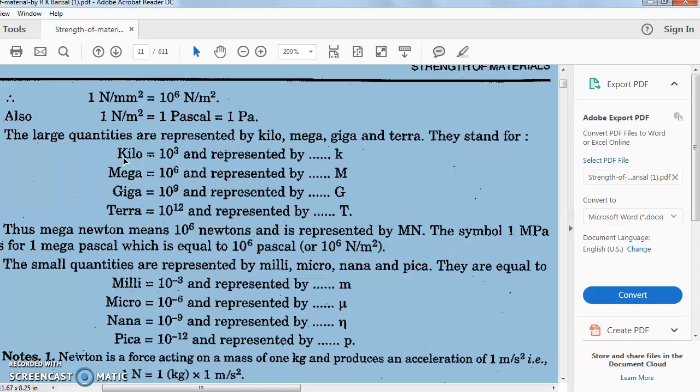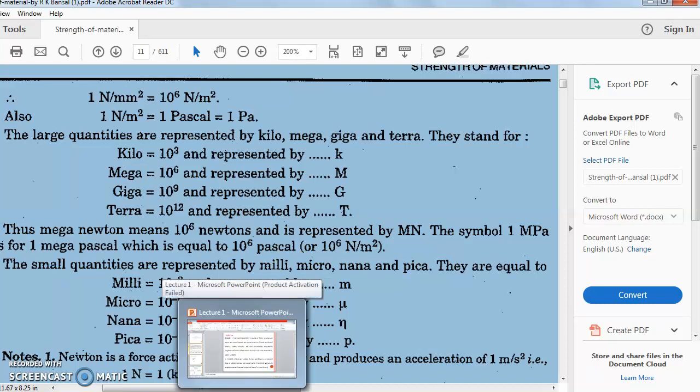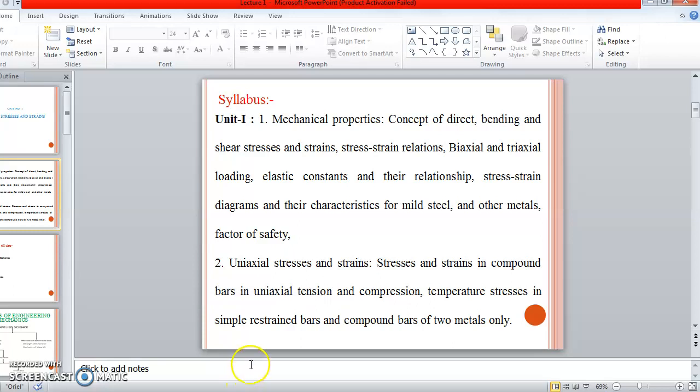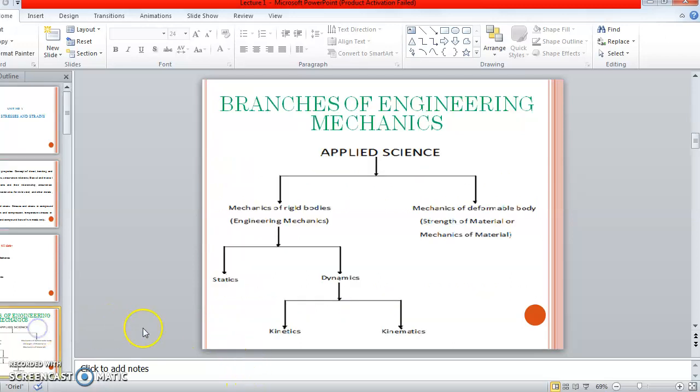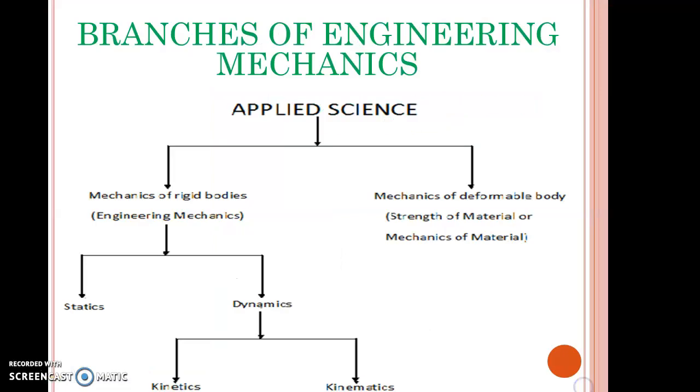Okay, so first of all, now we are dealing with the simple stresses and strains, and we have also seen the syllabus. See here, this concept is already told to you. The branches of engineering mechanics: here you already saw the mechanics of rigid body and the mechanics of deformable body.